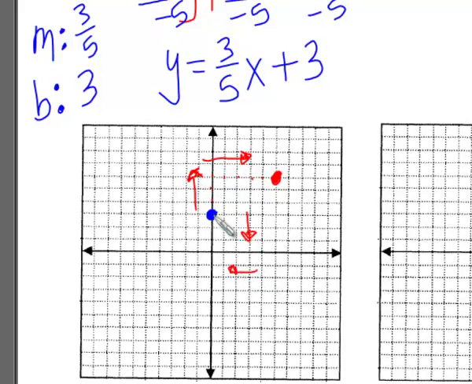So I'm going to go down 3, 1, 2, 3, and then I'm going to go to the left 5. 1, 2, 3, 4, 5. So here's my other point. So I'm going to connect these dots, and my line looks like that.